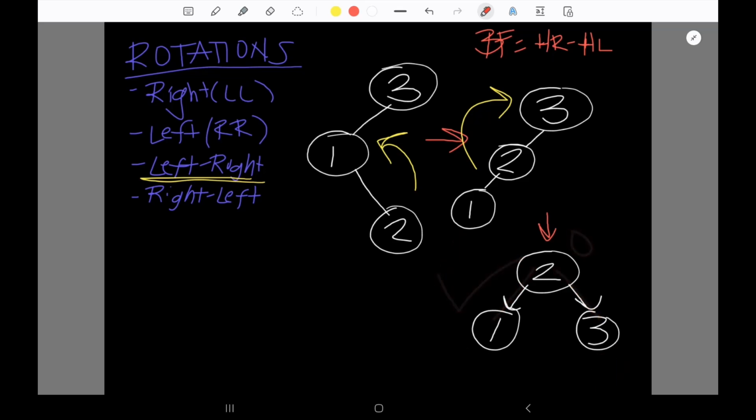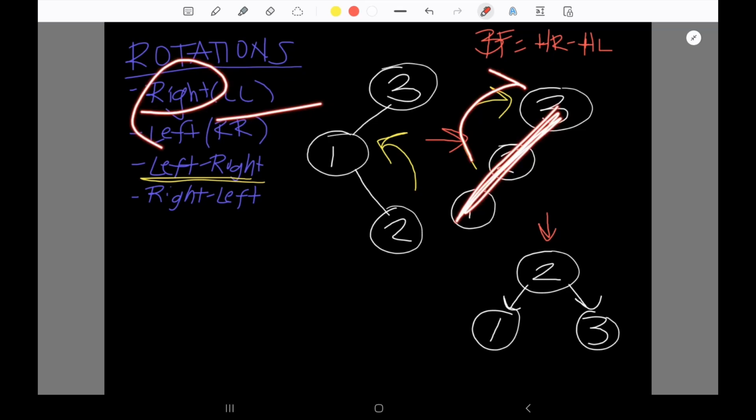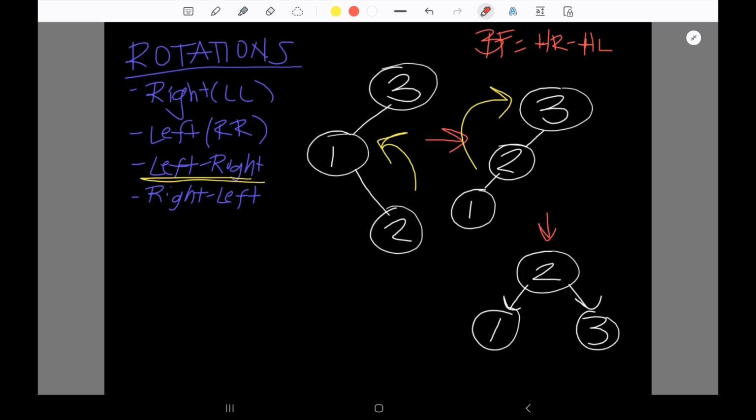So this tree is now balanced. As you can see, we first start from the bottom, and now we can see left left here. So we're gonna do a right rotation, and after that we have this tree. We have a left rotation and a right rotation.